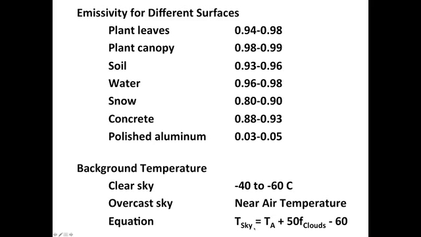On a completely overcast day, our fraction of clouds would be 1. This equation would simplify to air temperature minus 10 would be equal to sky temperature on an overcast day. So this can be used as a simple way to approximate sky temperature for use with emissivity correction.